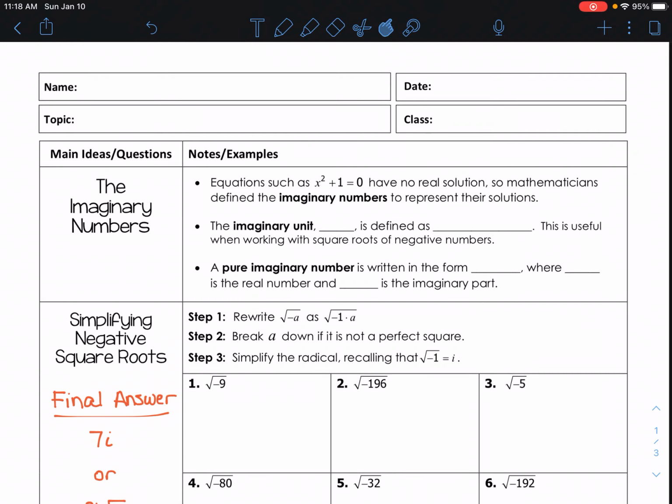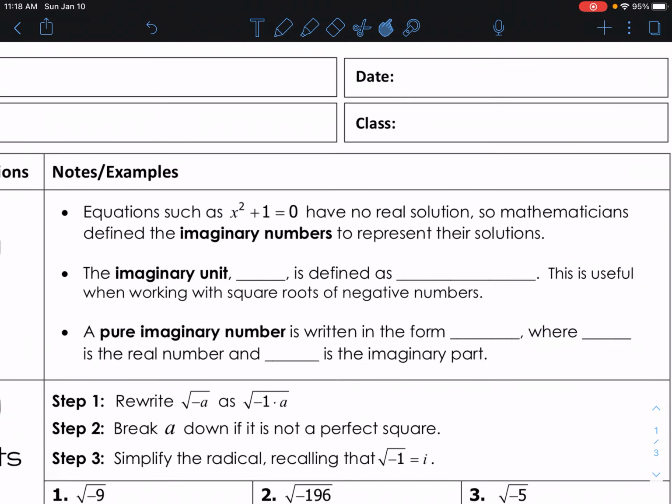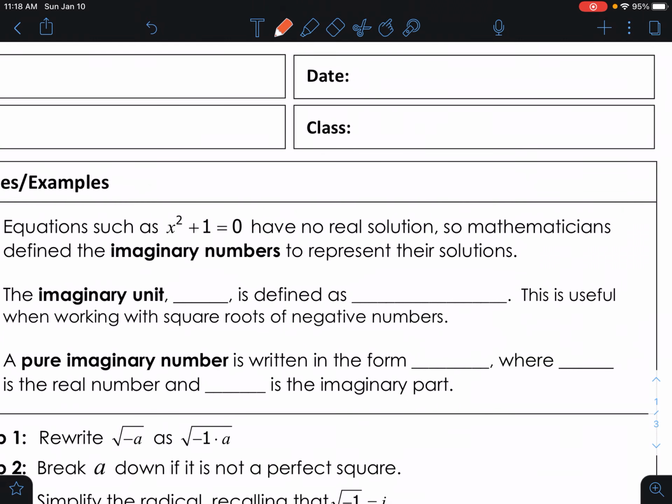Okay, so we're going to start talking about something called imaginary numbers. And we sort of started to touch on this in our previous units on radicals. If you remember, it's possible to have a negative cube root, because I can actually get a real answer.